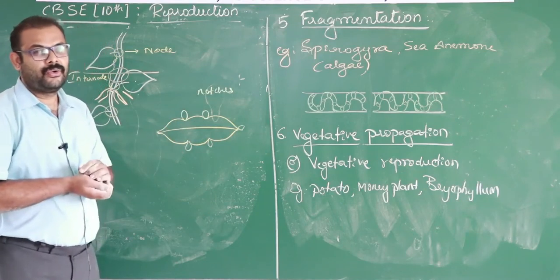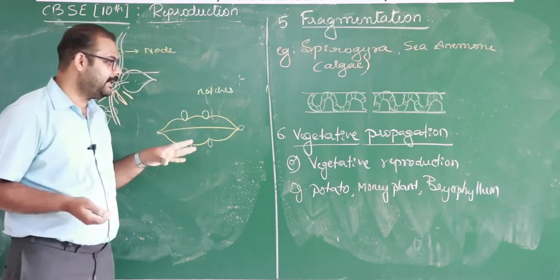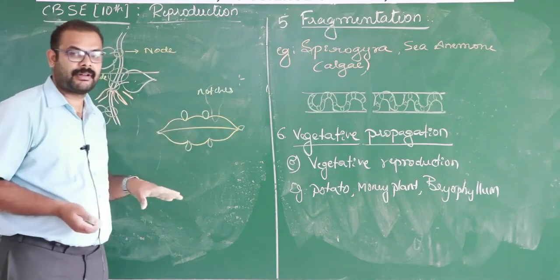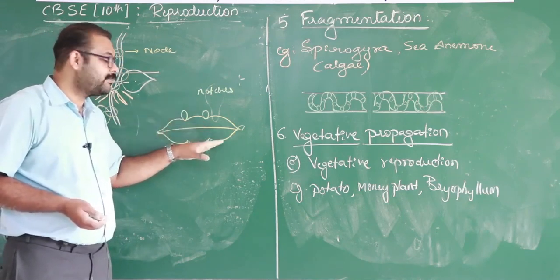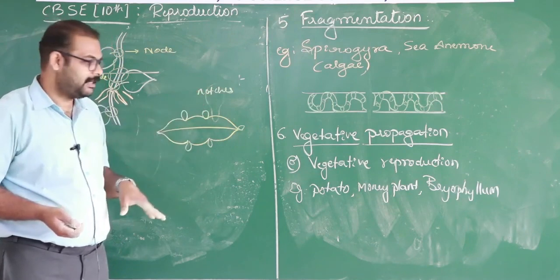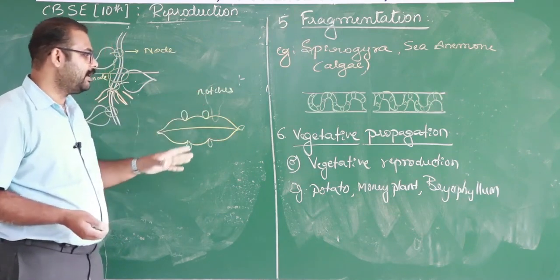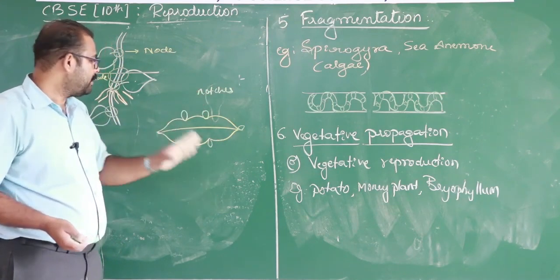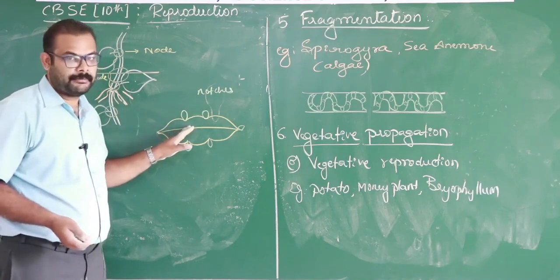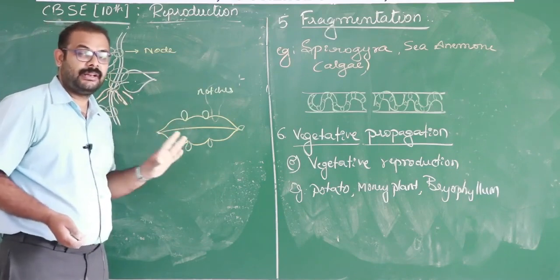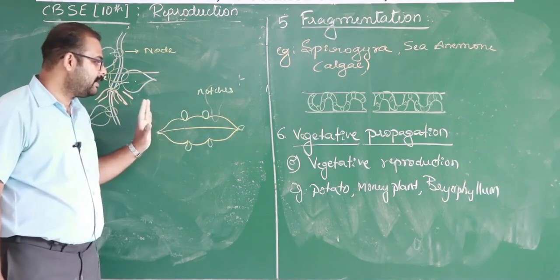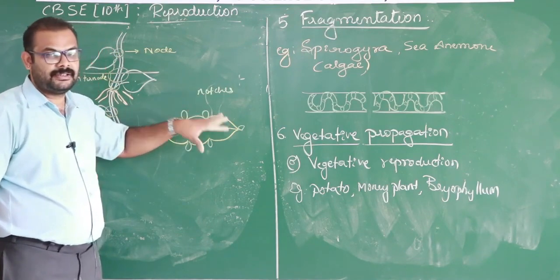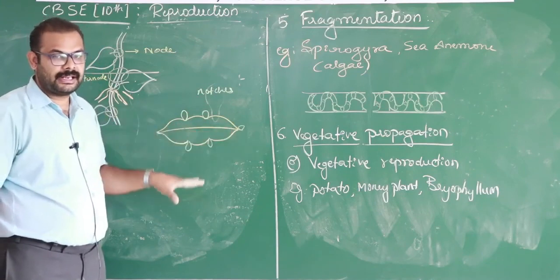In general, vegetative propagation is a method of asexual reproduction by which a new organism can be produced without involving gametes or a reproductive cell. You might observe, whether you take potato, money plant or the bryophyllum plant, there is no involvement of reproductive cells. Only a part of the plant is used in developing a new organism.